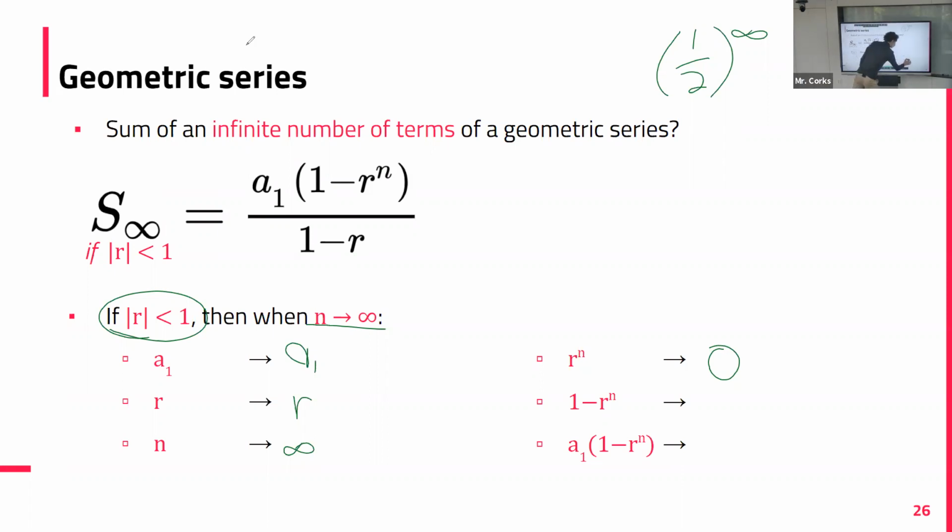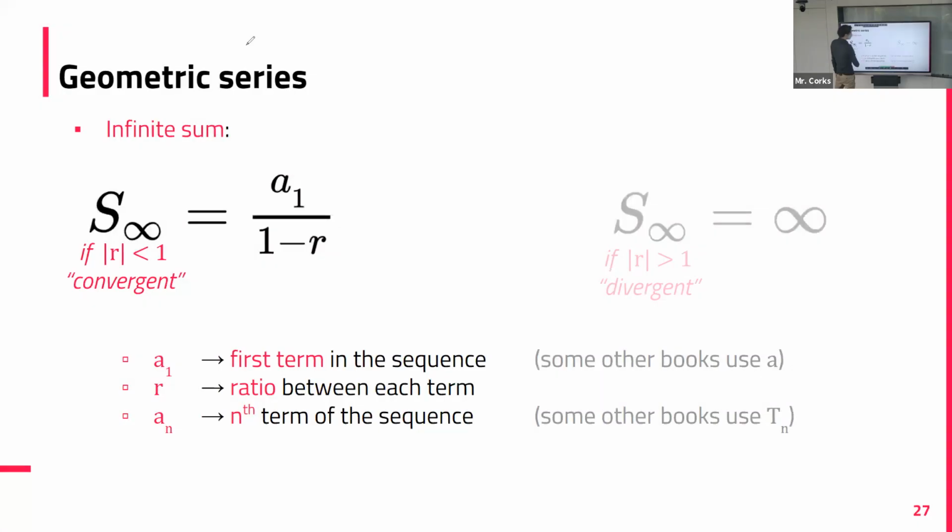That will get very close to 1. So now A1 times that thing will approach A1, first term. So it kind of looks like we could just forget about that part. All right. And that is the formula.